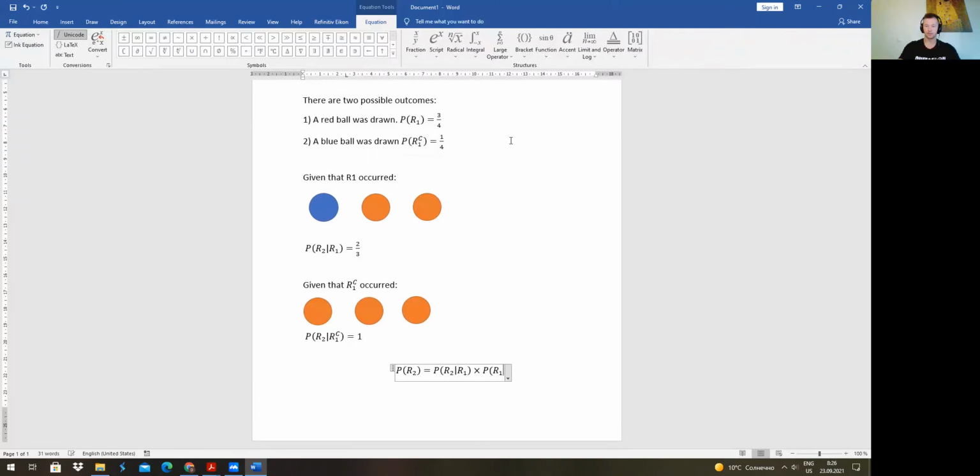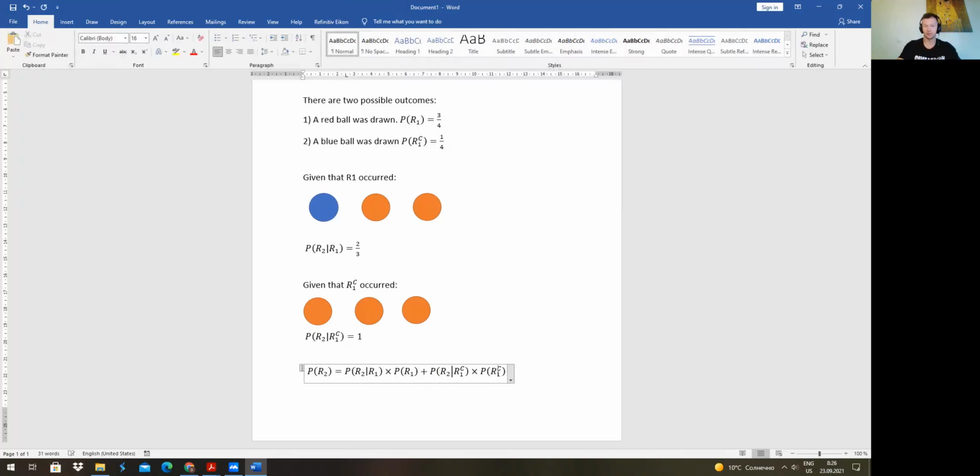And plus another way how I can get a red ball on the second step is to get a blue ball on the first step, which is this, right? So I sum these 2 probabilities, and finally I have the total probability of having a red ball on the second step.